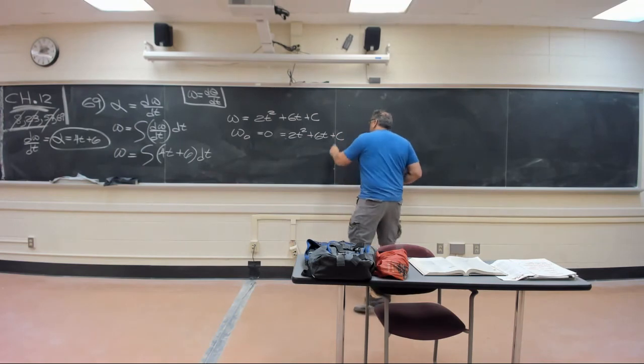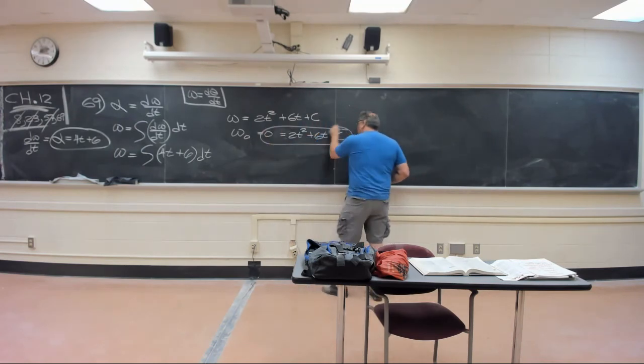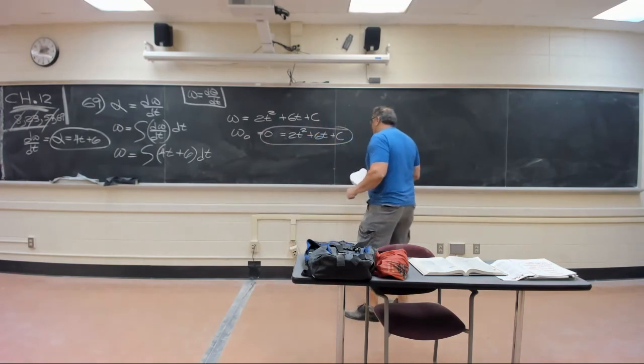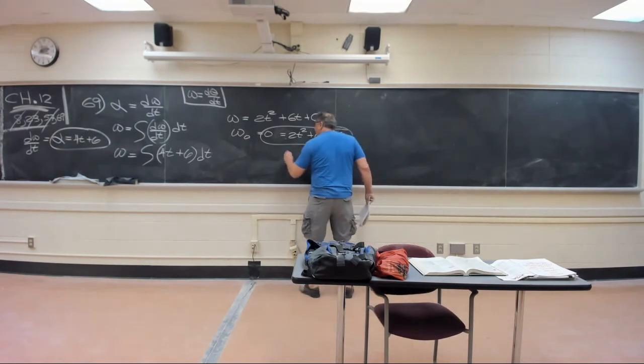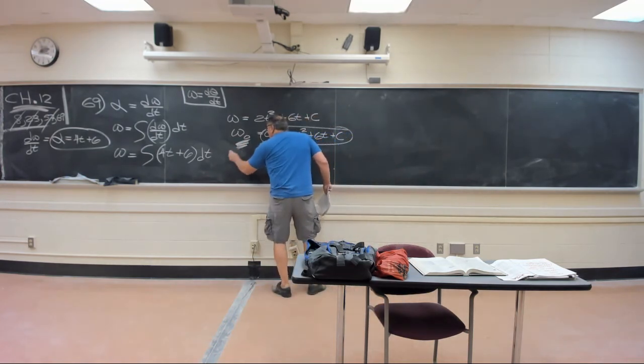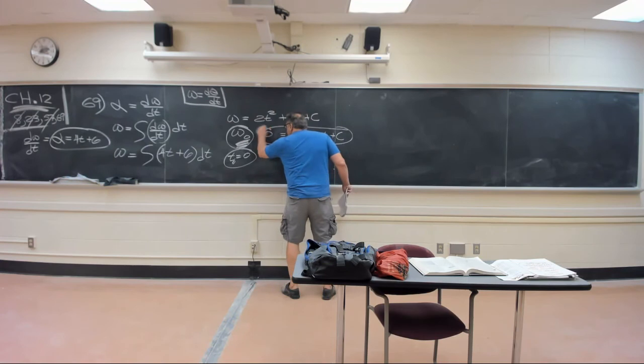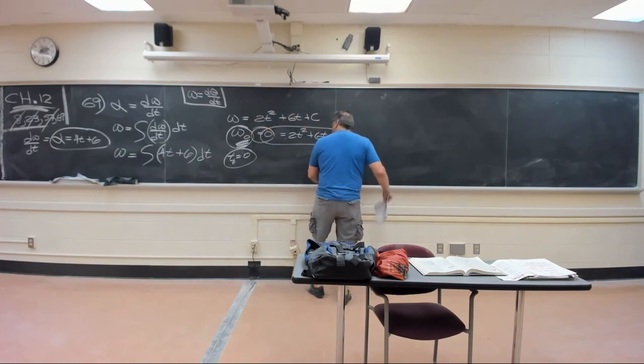Let's talk at t equals 0. T naught is equal to 0. Omega sub 0 is equal to 0, and that's it.